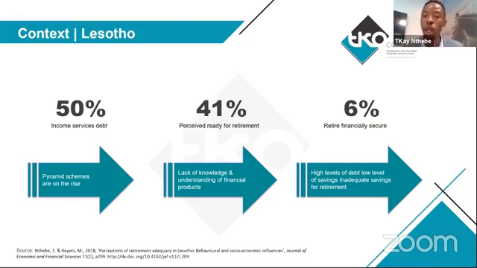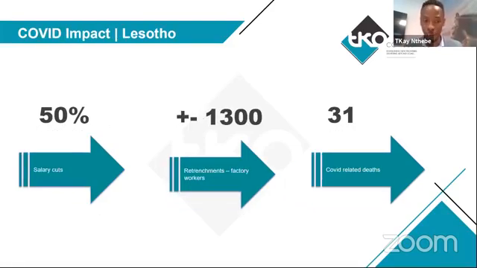Holistically, looking at the South African context and the Lesotho context, only about 6% of Basotho can actually afford to retire financially secure. Looking at these statistics, it really is quite scary. Now bring these statistics into the COVID situation, where almost 50% of people are taking salary cuts of up to 50%.